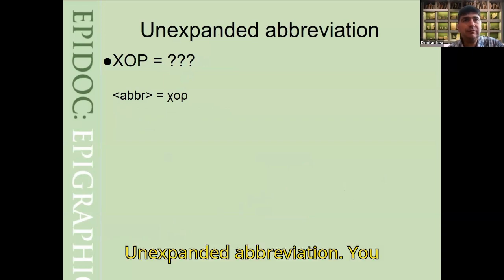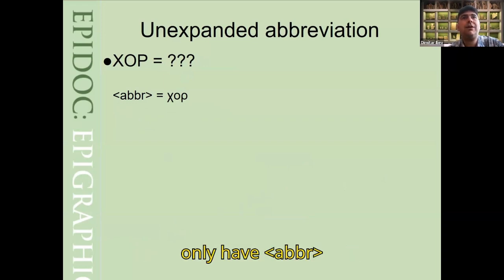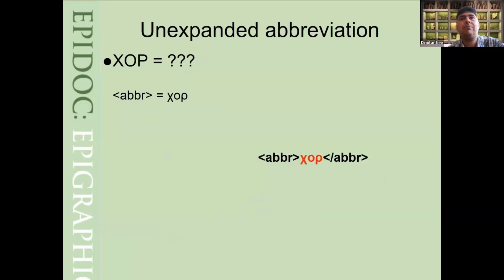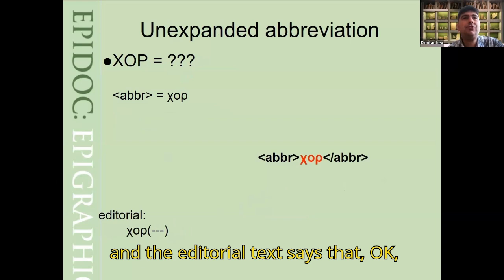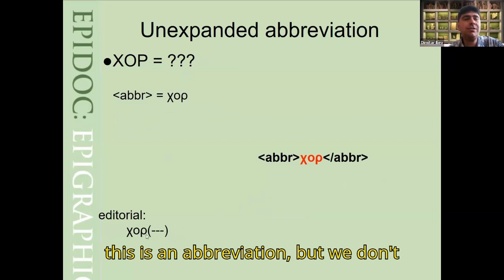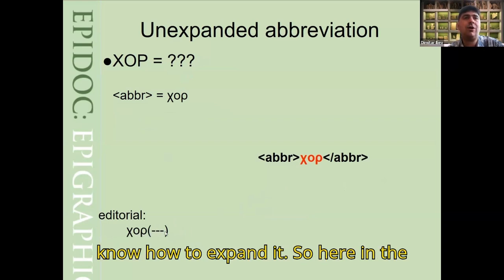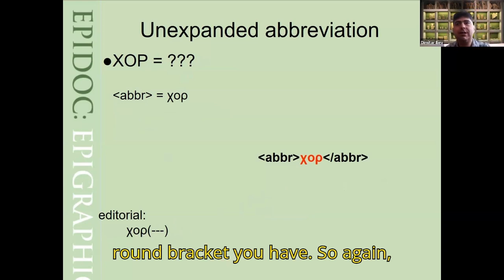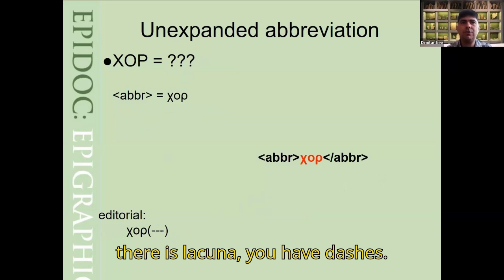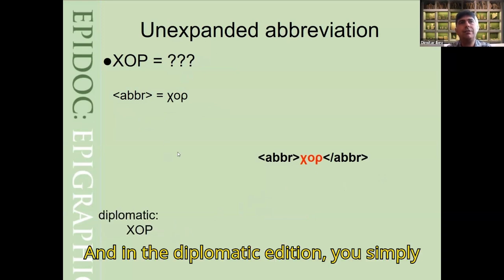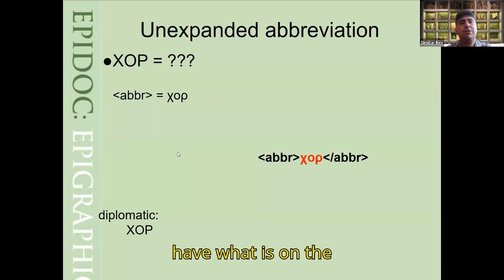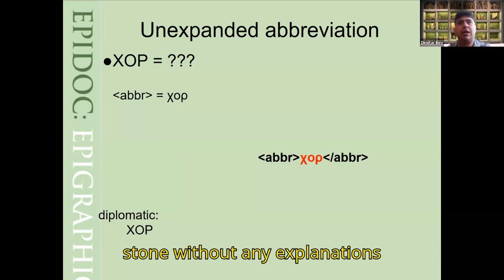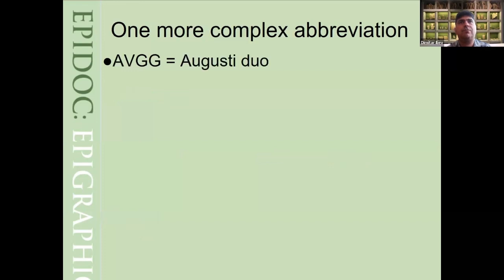Unexpanded abbreviation, you only have the Abbr, and the editorial text says that, okay, this is an abbreviation, but we don't know how to expand it. So here in the round bracket, you have sui generis lacuna, you have dashes, and in the diplomatic edition, you simply have what is on the stone without any explanations whatsoever.